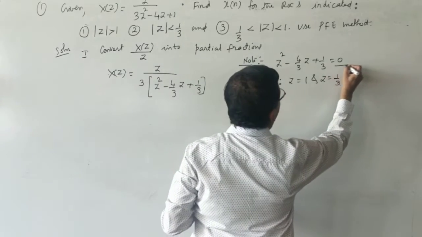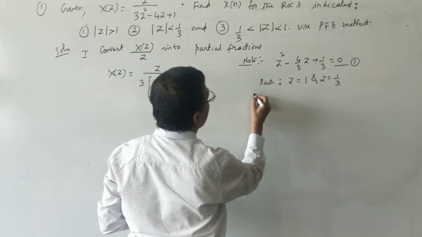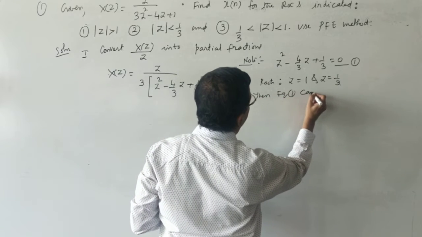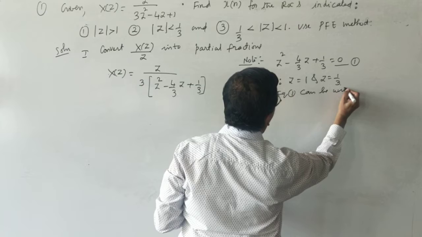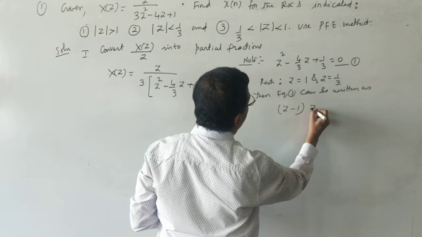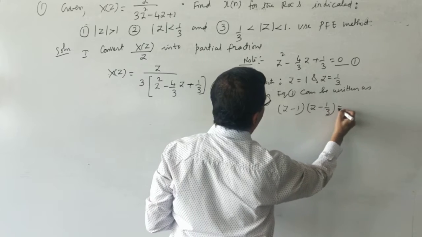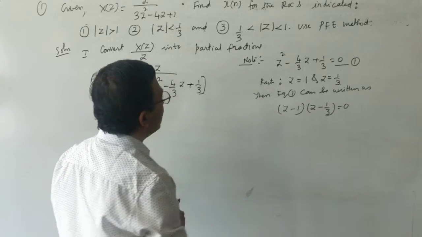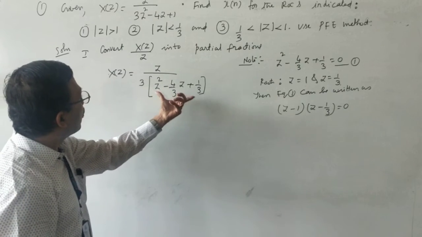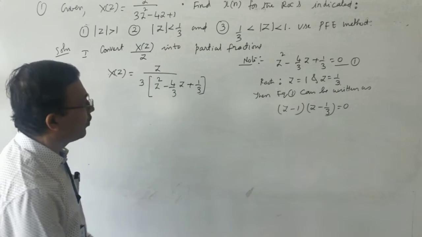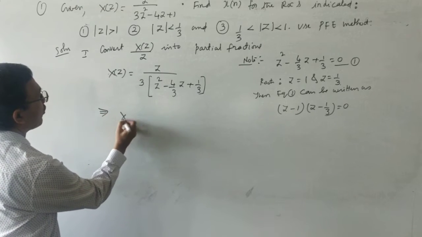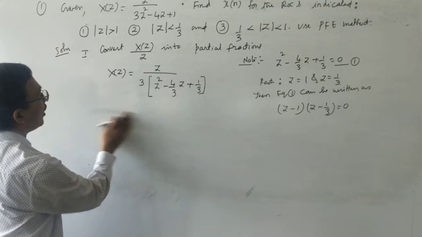Then I call this equation 1. Then equation 1 can be written as, z minus 1 into z minus 1 by 3 equal to 0. This is the way we can factorize this quadratic function. This in turn implies, I will now rewrite x of z.